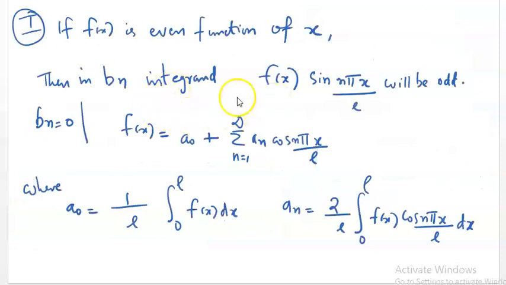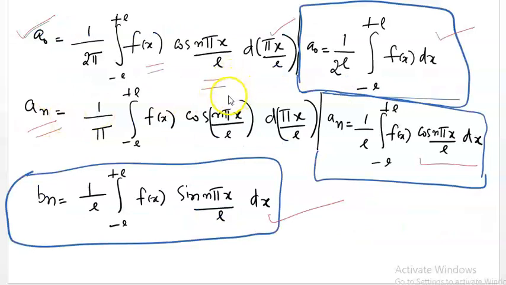Now suppose that f of x is an even function of x. Then in this integral, f of x is even, and this part is odd. We are multiplying an even function with an odd function, so this will be odd, so this will be 0.